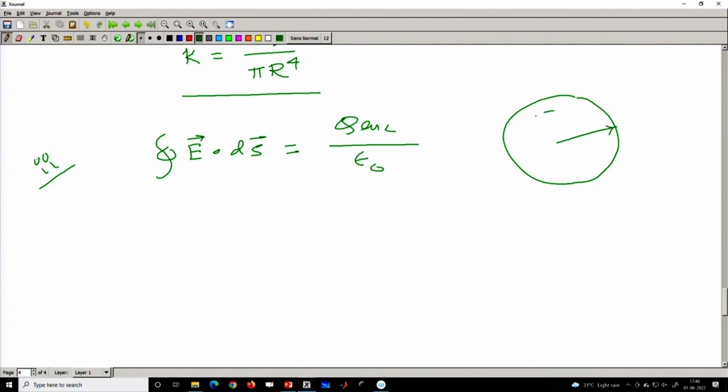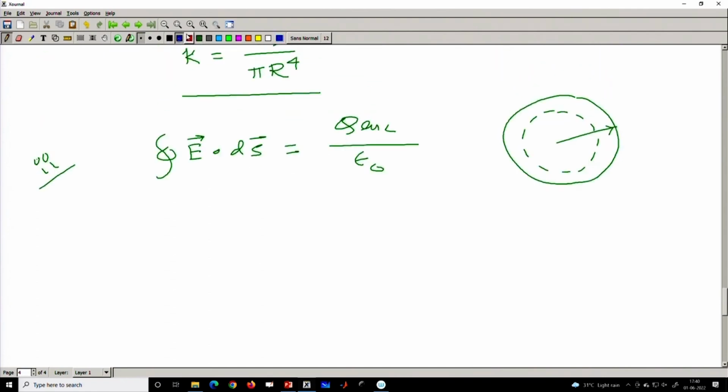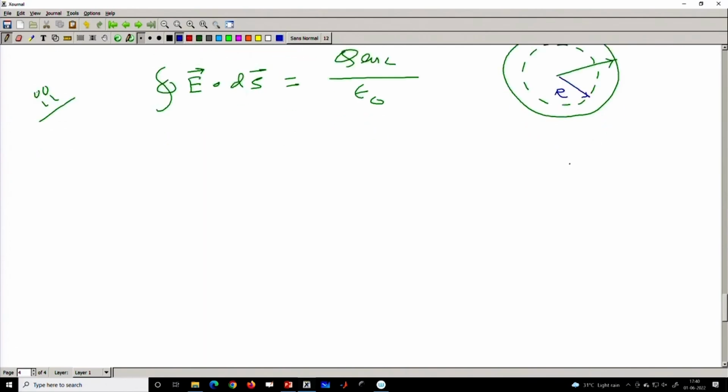So, I can take a Gaussian surface here and calculate the electric field. That is the simple strategy. So, at r from here to here, I can have, sorry, this should be smaller because this is bigger, this is the radius. So, it should be smaller.